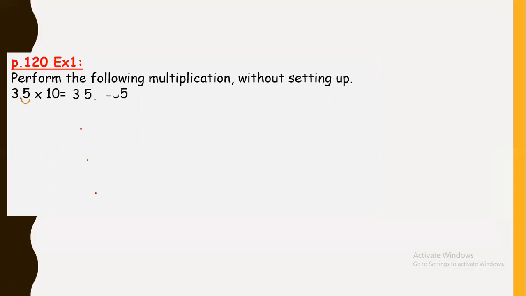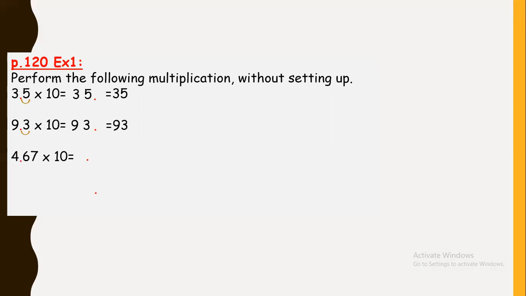So we get 35. Now the second one, 9 and 3/10 times 10, the same. The 10 has 1 zero, so we move the decimal point 1 digit to the right. So we get 93. Here we should put point 0, but it's a useless 0, so we remove it.